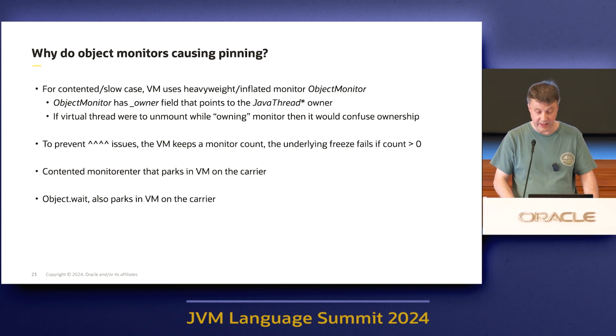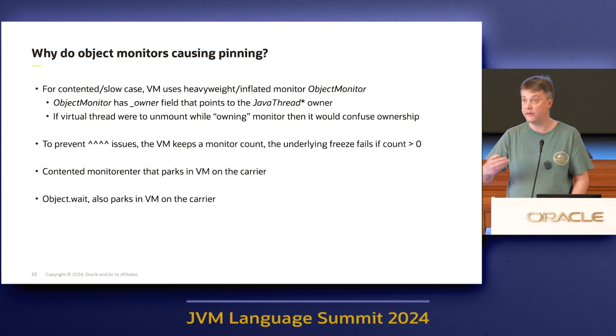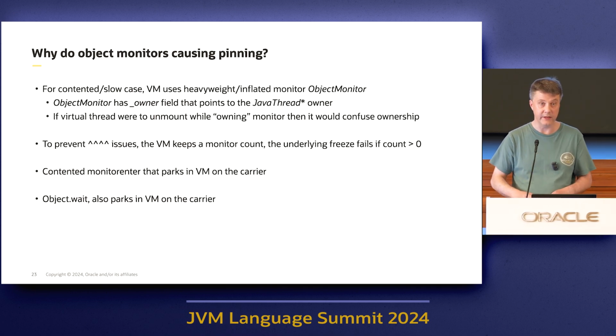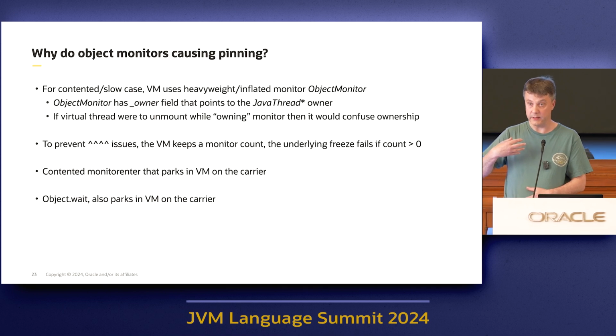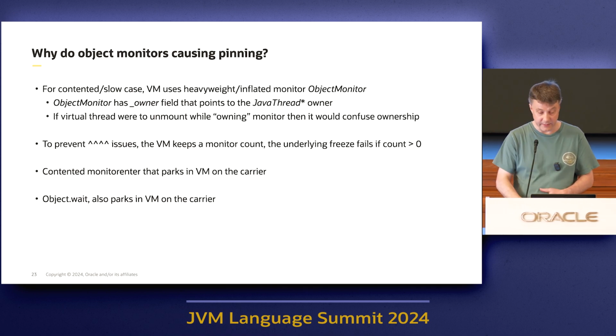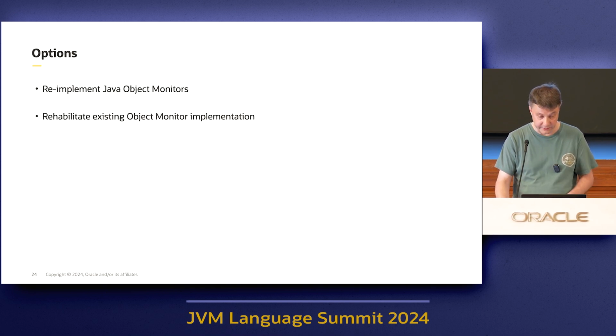So that explains why the pinning issue is there and why these freezes are failing. Then we have the contended monitor case and the object monitor case. Both of those, at least the way they work in the mainline, block in the VM, and they block on the carrier, thus pinning the virtual thread. This is problematic, as I say, for scalability and other reasons.